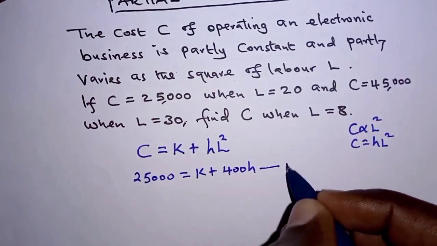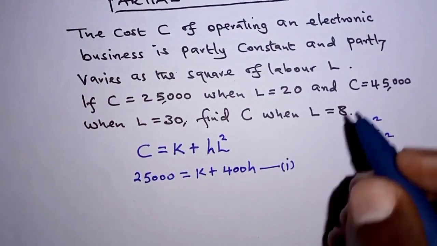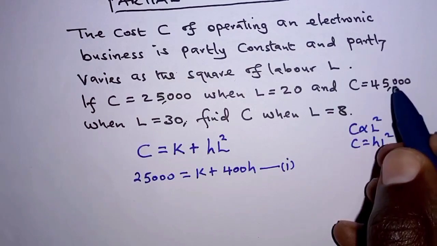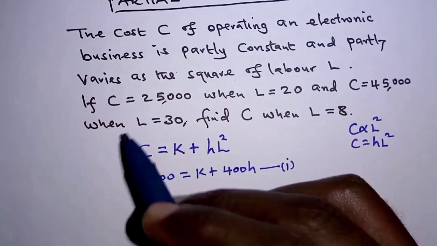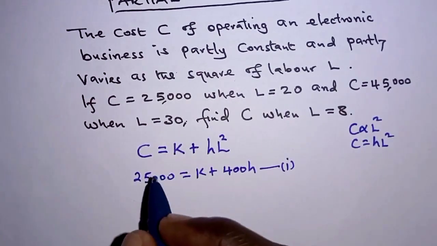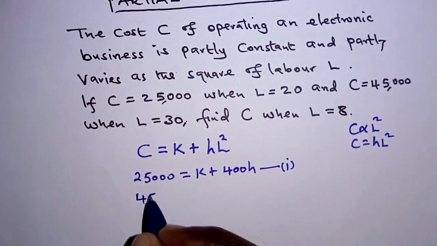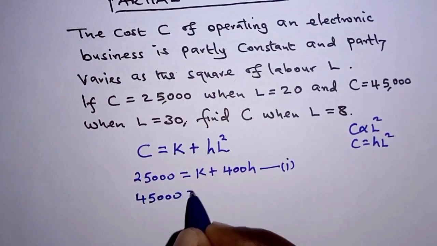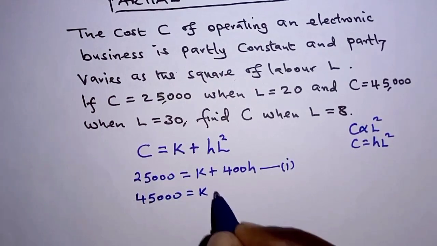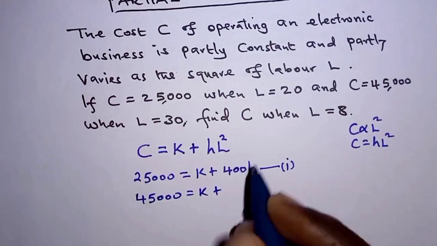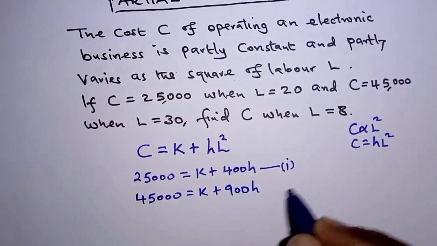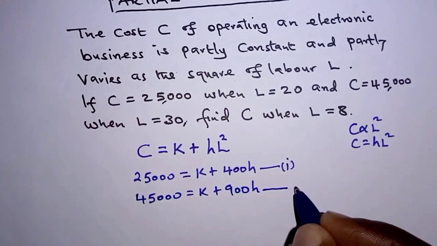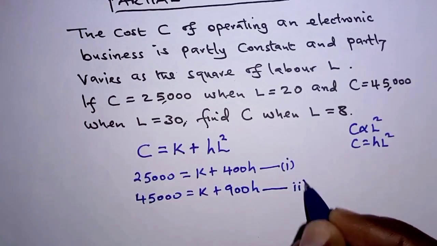This should give us the first equation. And the second equation we obtain from this next statement, C is 45,000 when L is 30. So we have K plus 30 squared, that is 900 times H. So this should give us the second equation.